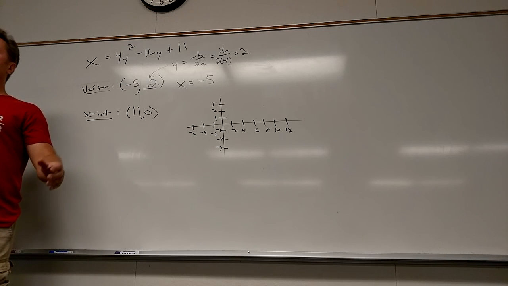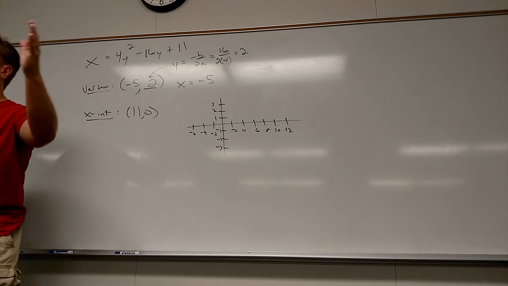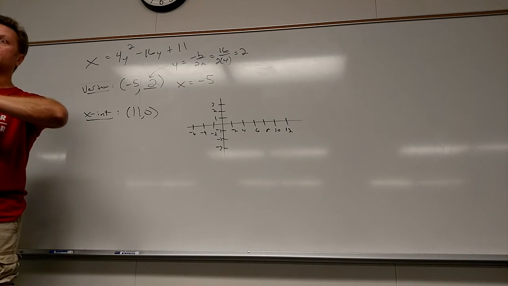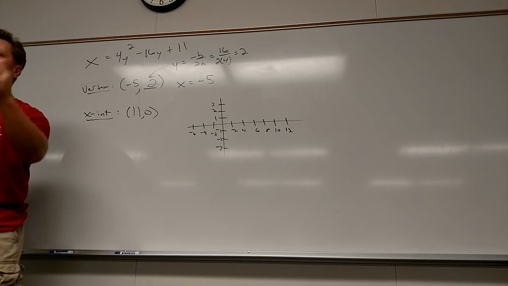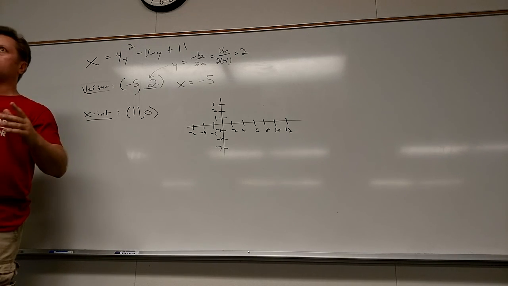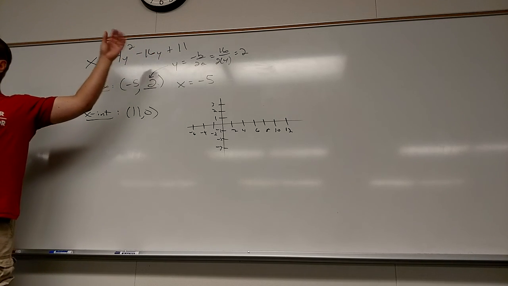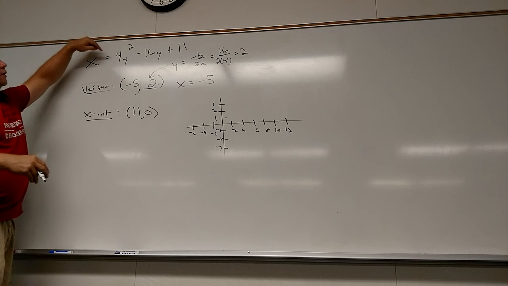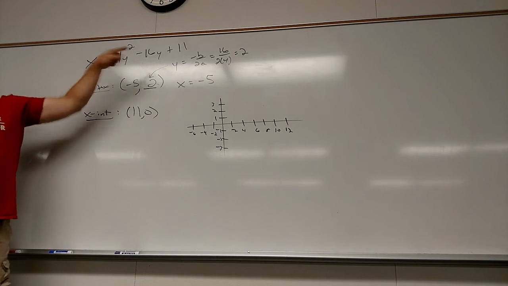If you had an equation with 18 letters in it, how would you find the w-intercept? You would make all the other letters 0. How do you find an intercept always? Make the other letters 0. And for us, make the other letter 0, because we only deal with 2 at a time, thank God. X-intercept, make y 0. Y-intercept, make x 0. That would be the one that would suck here.